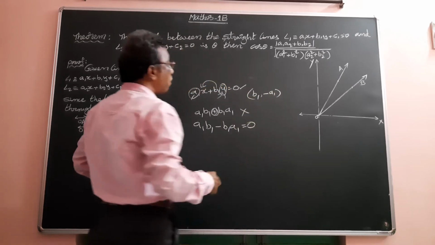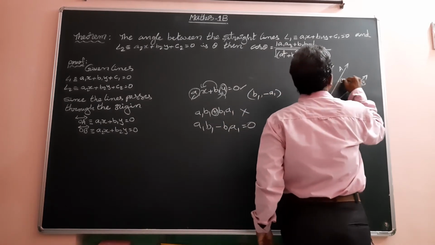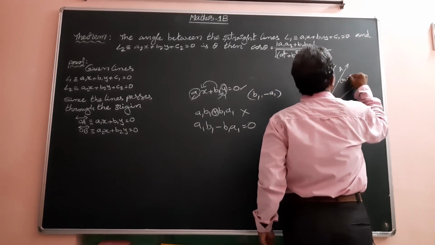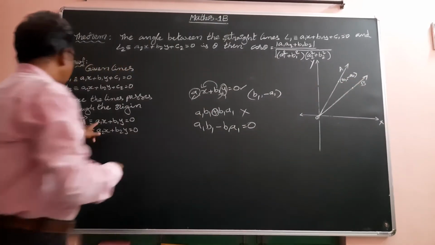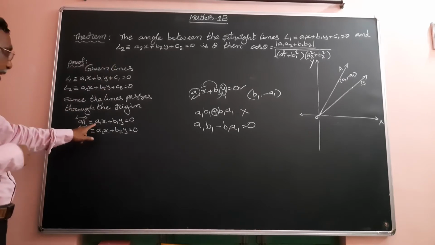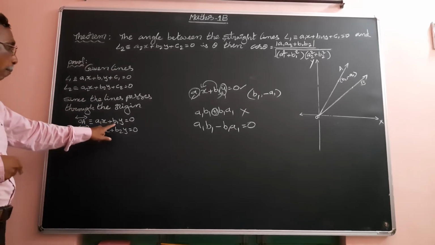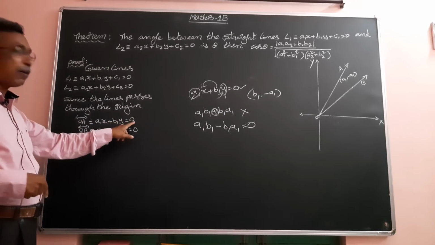So B1, minus A1 is the first point. This point satisfies the first equation A1x plus B1y equal to 0. Now substituting that, A1 B1 plus B1 into y, y is minus A1. A1 B1 minus A1 B1 equal to 0.